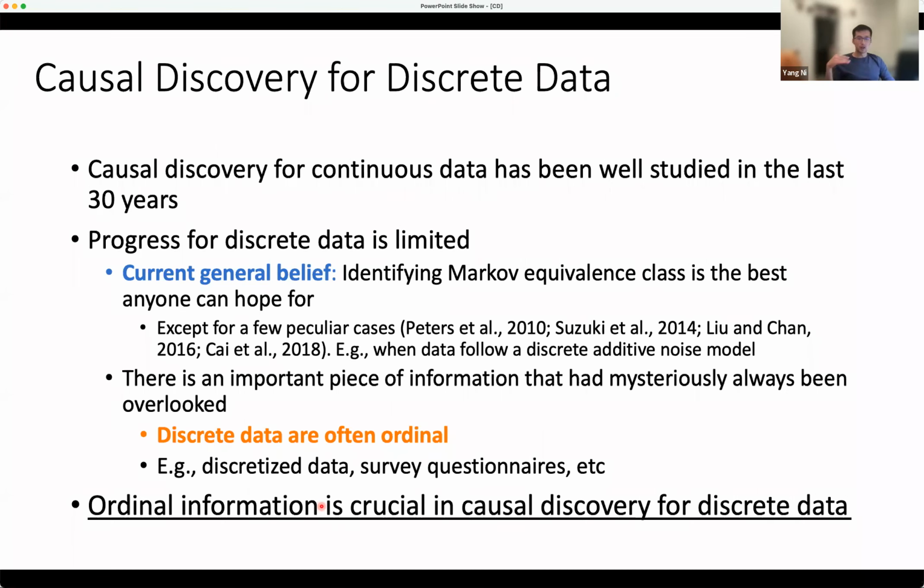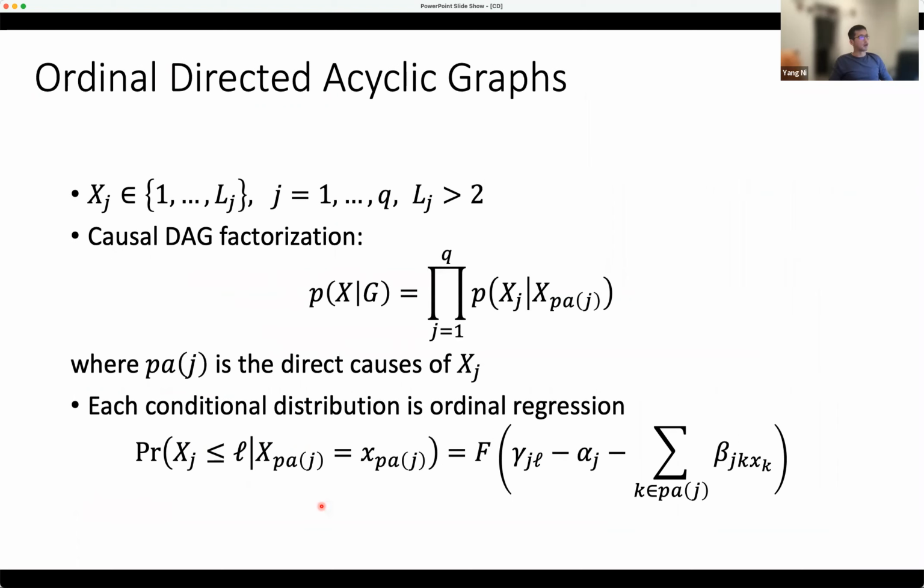And certainly in the infinite limit, you will be able to identify the true causal graph. So that's very different from the distinction between ordinal and nominal classification. Here, ordinal information is absolutely crucial for discovering causality. So anyway, I'll get into details right away.